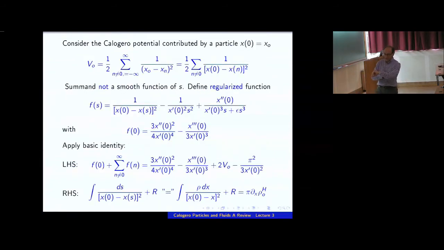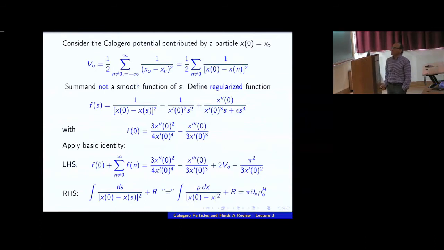Let's do it quickly. I don't want to spend too much time, but let's consider the contribution to the Calogero potential from the particles around a particle x0. Just pick any particle in your system x0 and ask, how much does this particle contribute to the potential? Well, you have to sum its inverse distance squares from all the other particles.